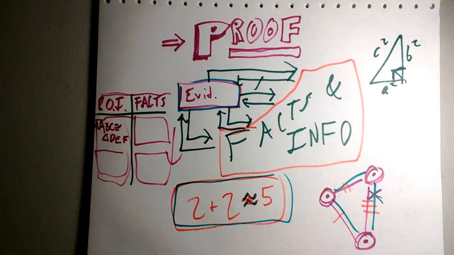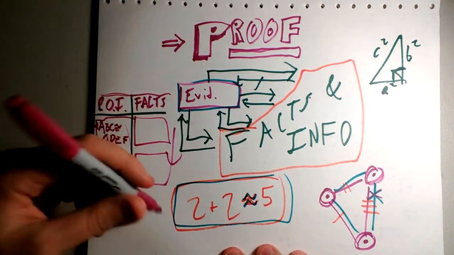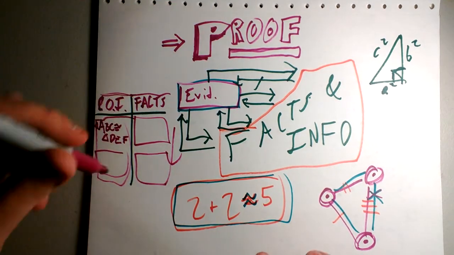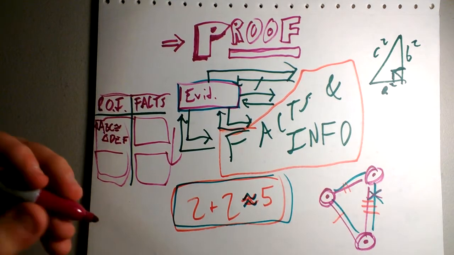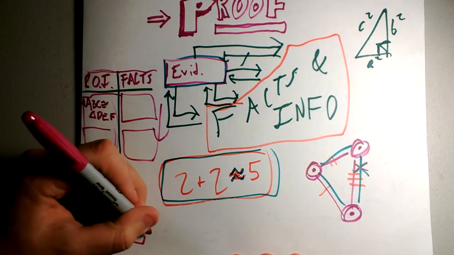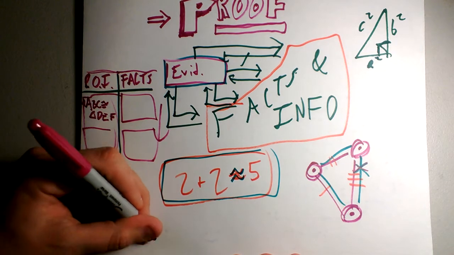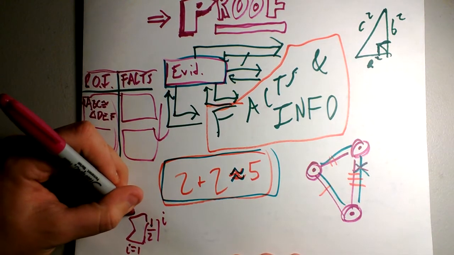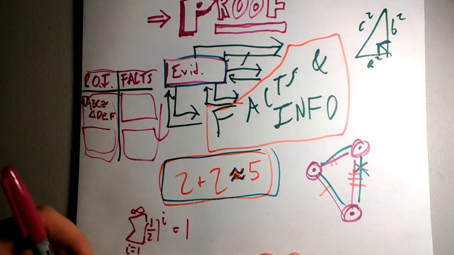But I think that's actually a poor way to talk about proof. I think proof is more than just the exact way to do things. I think it's also seeing why something is true, like the infinite summation we did. So half to the i power, where i starts at 1 and goes to infinity. Why does that equal 1?